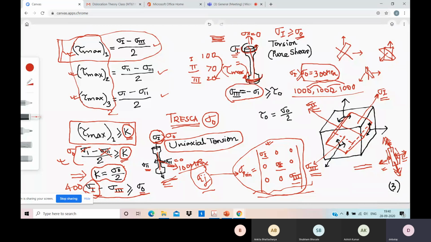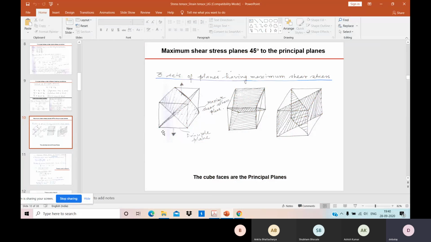If there is hydrostatic tension from all sides, as if you enter a vacuum, or internal pressure is pushing you, there may be a little bit of expansion. So hydrostatic stress leads to volume change, and a difference in principal stress leads to permanent shape change.